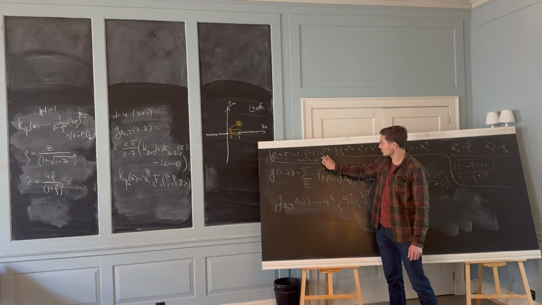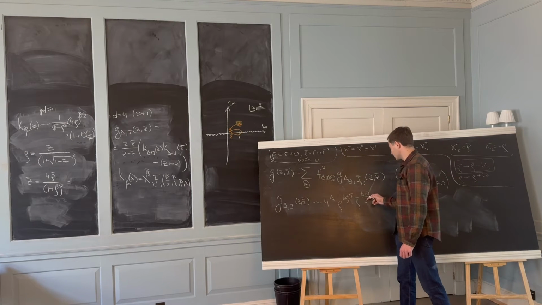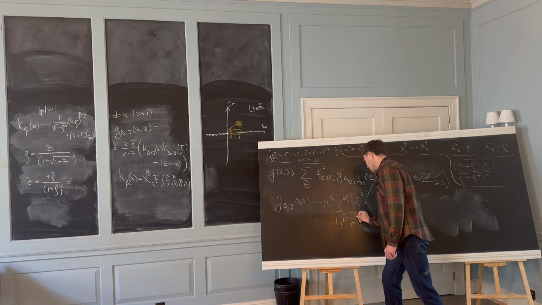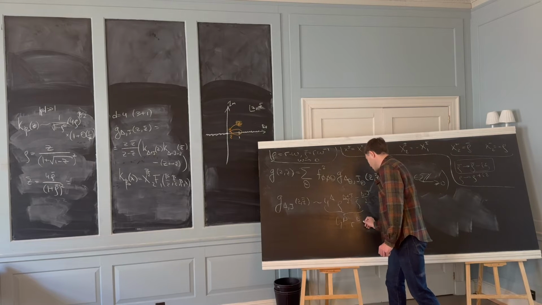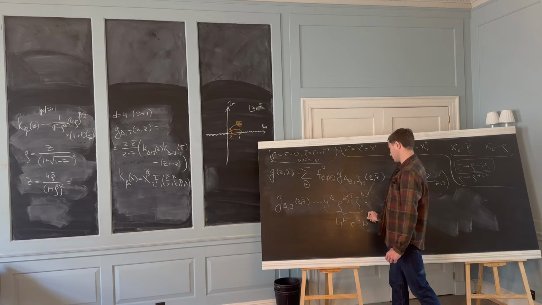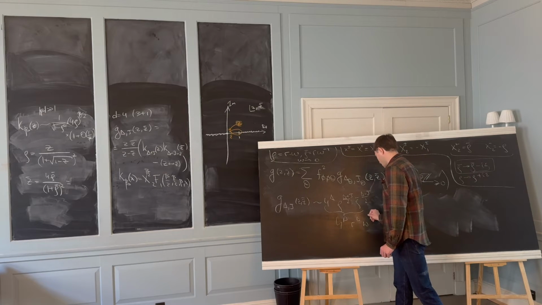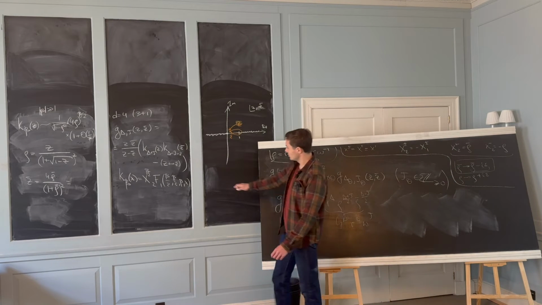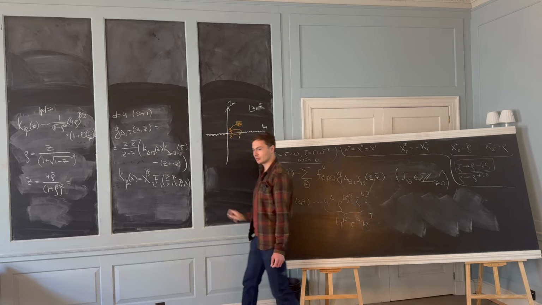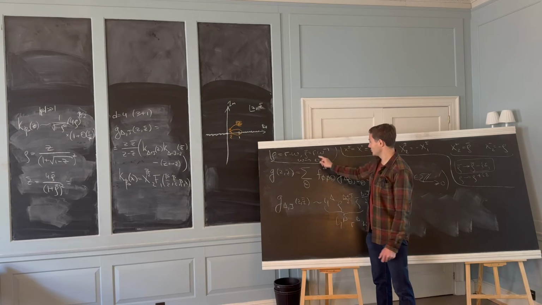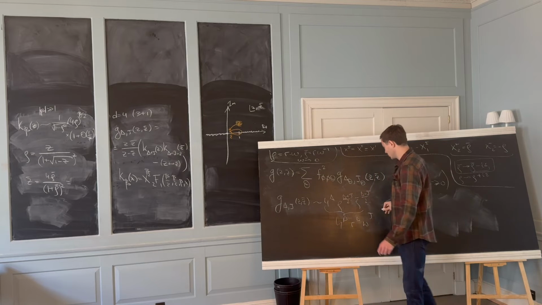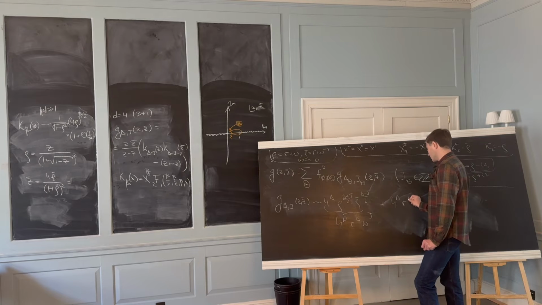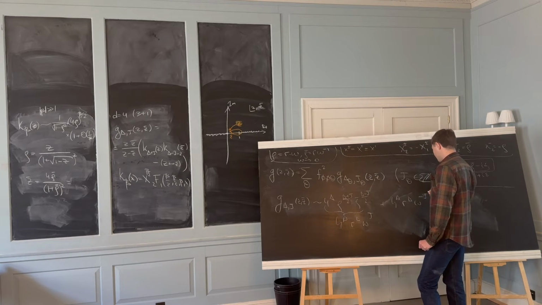And if you use this parameterization of our limit, then this term becomes 4 to the power delta, r to the power delta, omega to the power of j. And the second term is the same, but with z and z bar flipped, and flipping z and z bar is the same as flipping rho and rho bar, which is the same as flipping omega and omega inverse. So this second term is going to behave like 4 to the power delta, r to the power delta, omega to the minus j.